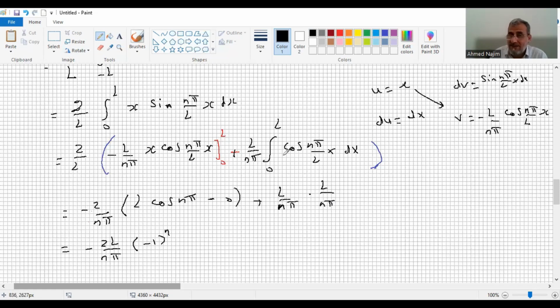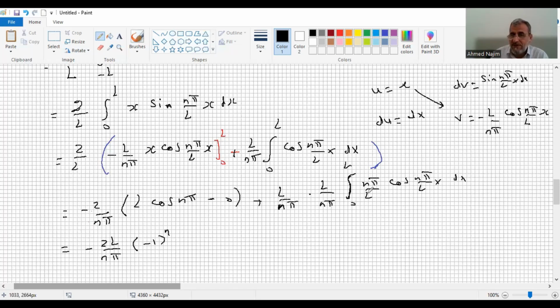This will be outside. And inside, n pi over L is the derivative of the angle, so you have cosine n pi over L x. Okay, this is the integral from 0 to L dx.